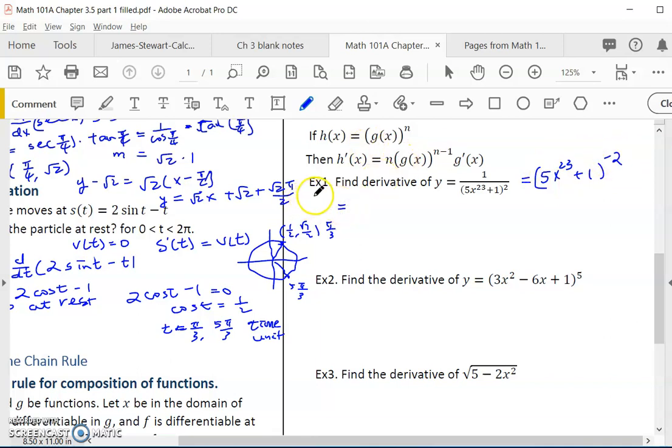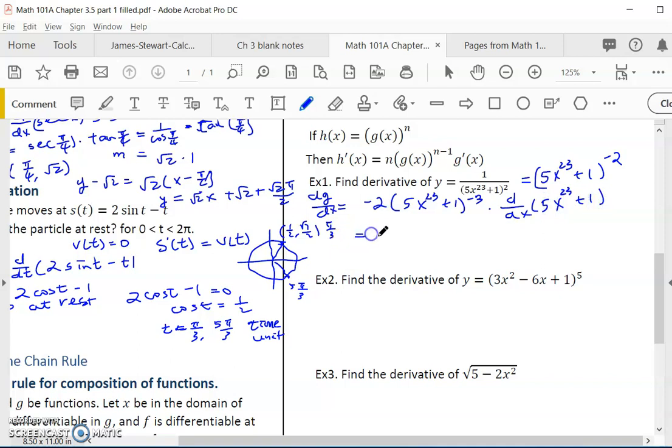So dy/dx would equal negative 2, because n is negative 2, times (5x^23 plus 1) to the power negative 3, because negative 2 minus 1, times d/dx of the inside, g of x, 5x^23 plus 1.